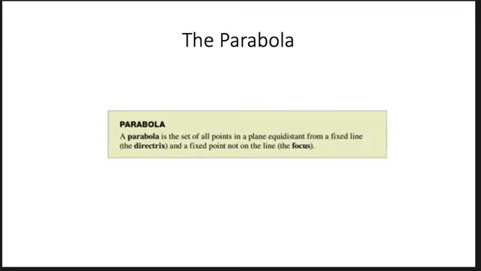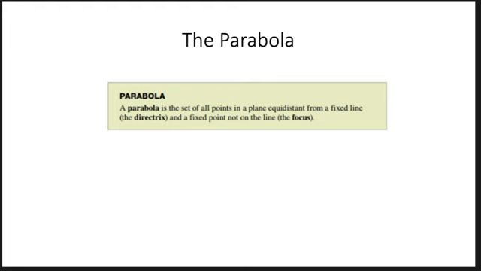Let me start off with the definition of a parabola. A parabola is the set of all points in a plane equidistant from a fixed line called the directrix and a fixed point not on the line called the focus.